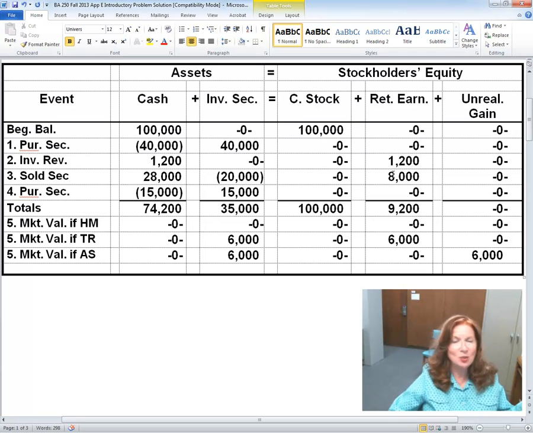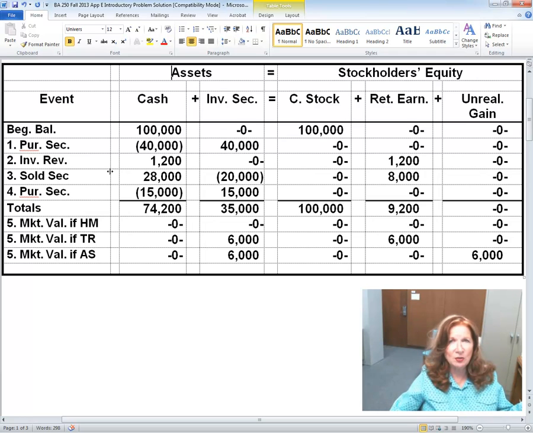We're sending it directly to retained earnings without pass and go, without collecting $200. So it's right here, going straight there without going through all those steps that you now know that you didn't know earlier when we were using this format.